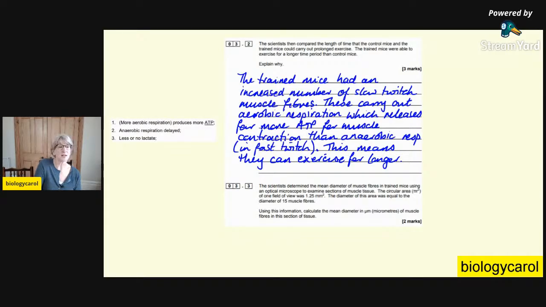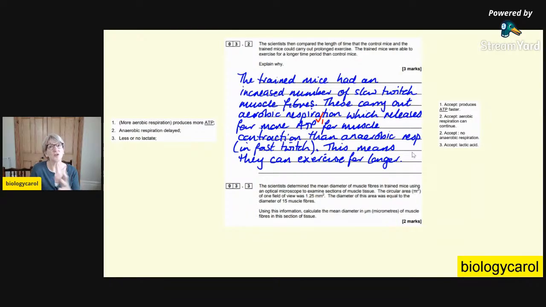So this is the mark scheme. Now, I did feel a little bit silly on this. I only got 1 mark out of 3 because I was totally going down the whole aerobic respiration is the more efficient form of respiration, produces more ATP. Easy peasy lemon squeezy.